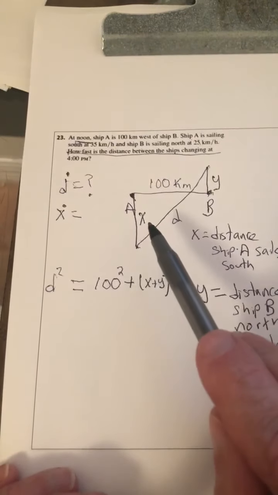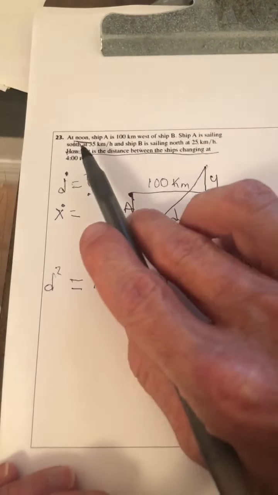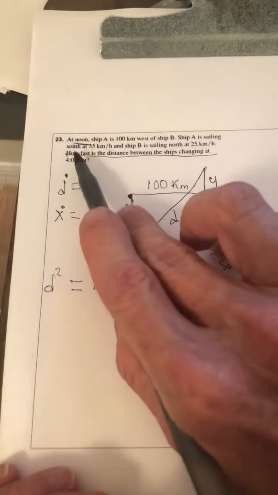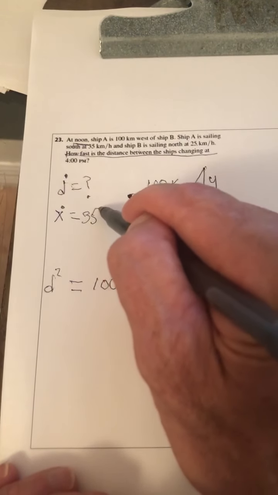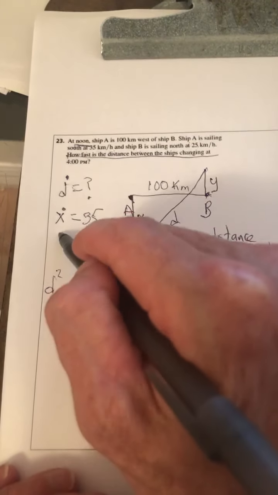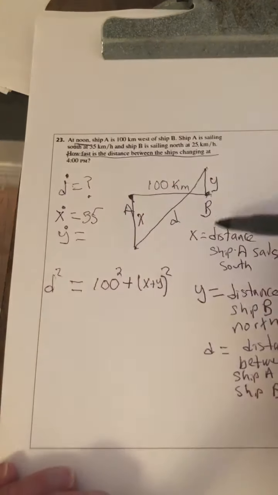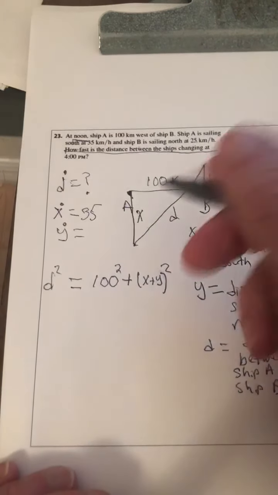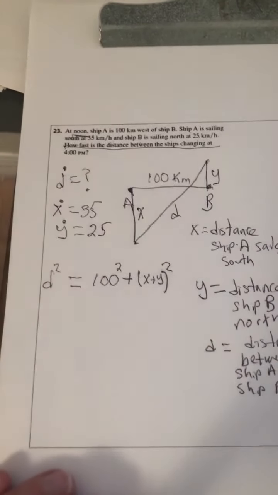So what is x dot? In other words, what is dx/dt? Well, we were given that ship A is sailing south at 35 kilometers per hour, and ship B, remember y is the distance that ship B goes north, is sailing north at 25 kilometers per hour.